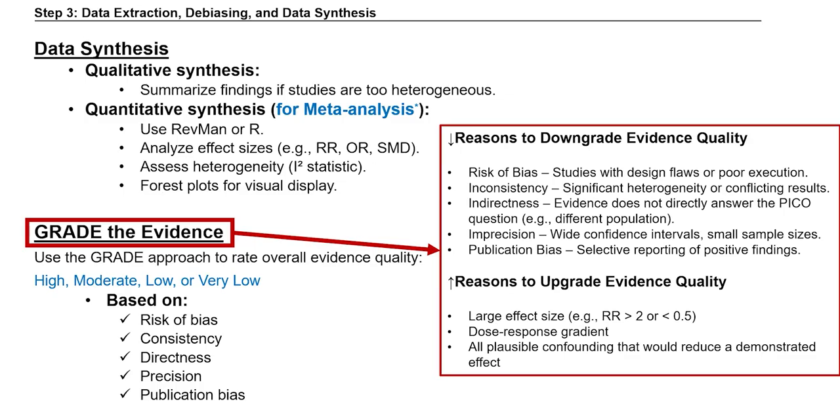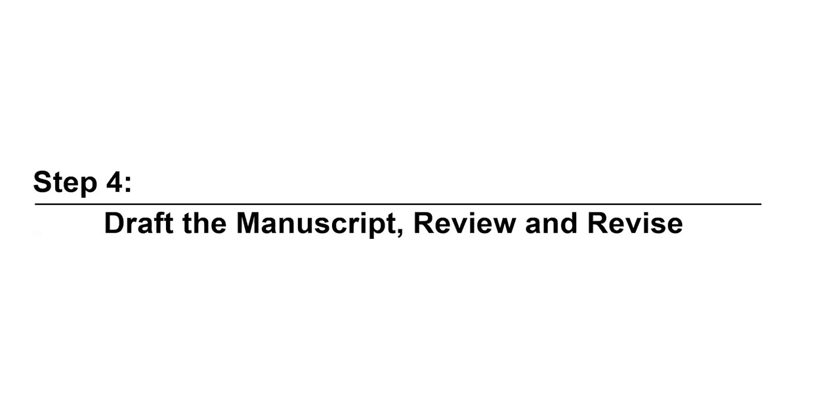The reasons that might downgrade the quality of evidence are obviously bias, inconsistency, indirectness, imprecision, and also publication bias. Those that upgrade the quality include large effect size, dose response gradient, and the fact that the authors have included and suggested the confounding factors in their study and included them in their analysis to reduce the bias.